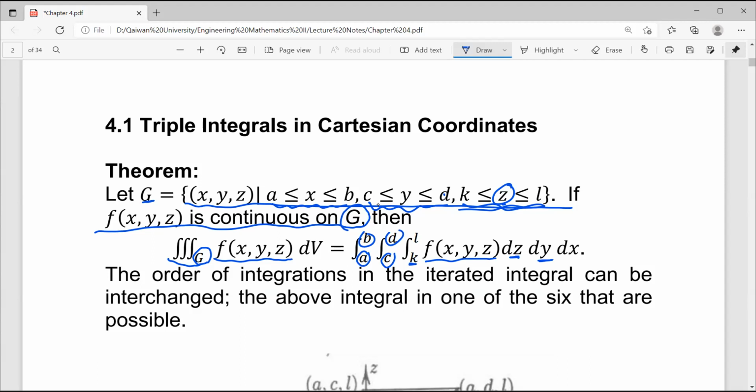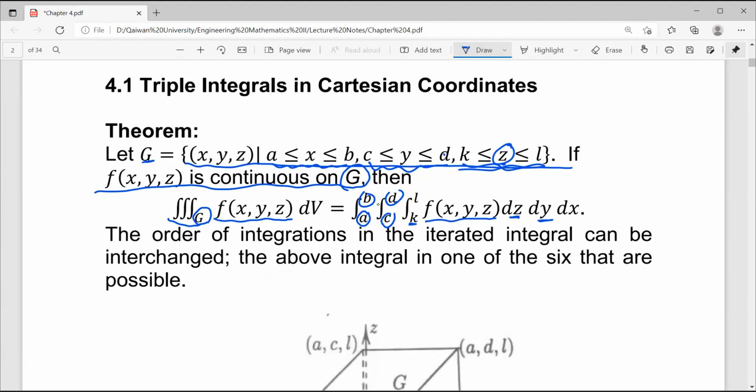Here, if all lower and upper limits are constants, we can change the order of the integrations without changing anything. Just change the order, and then the limits. That's all.